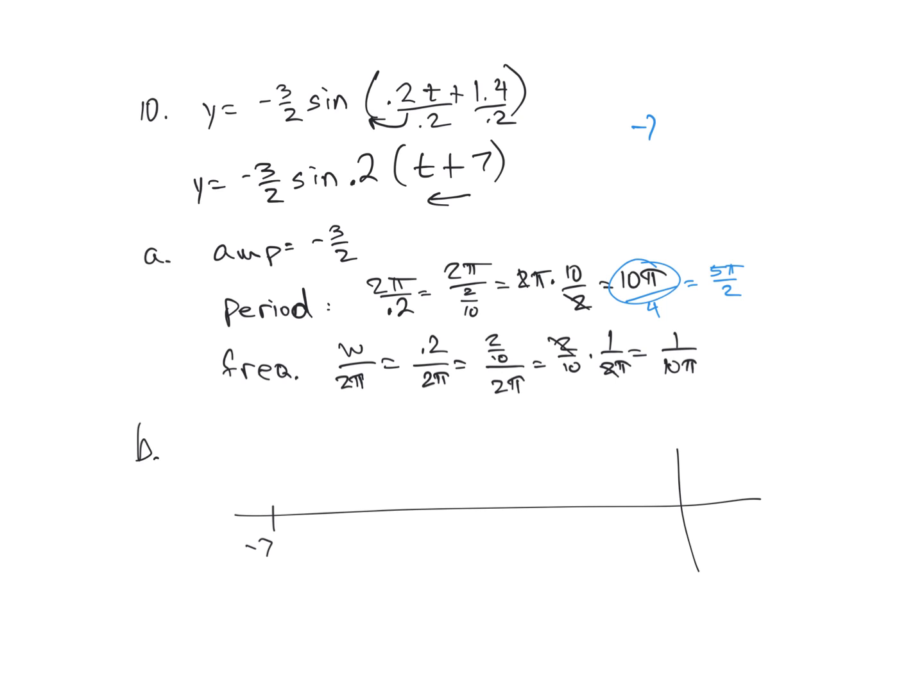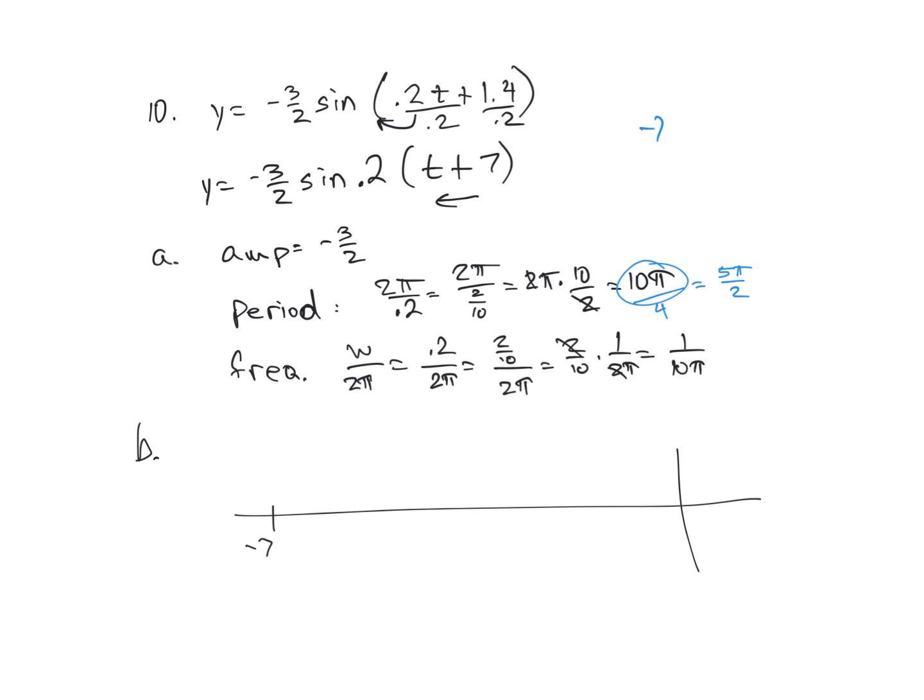Okay, so 5 pi over 2, you have to put that as a number. That is 7.85, so we'll just do 7.9, okay? Which means this graph is going to go past 0 before it gets to the next point. So we need to change this a little bit.